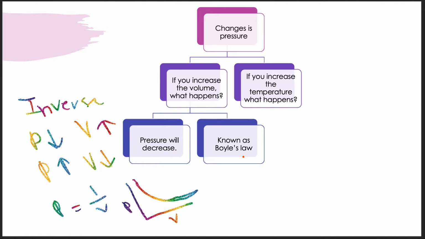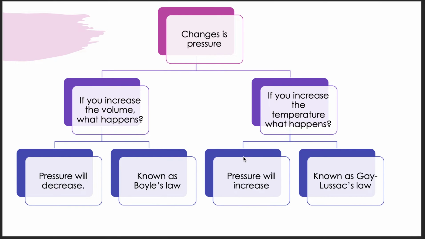So going back to this, it is going to be different now. This is going to be a direct relationship. So the one before it was the inverse or indirect, and this is going to be a direct relationship. So I'm going to write direct.